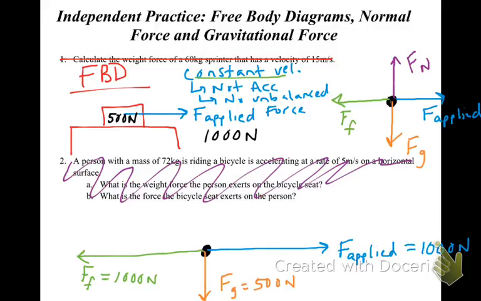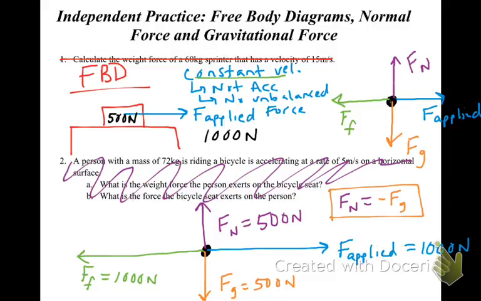And again, because we're on a horizontal surface, we have our normal force opposing this, equal and opposite. So we can generalize and state that our normal force is equal to our negative force of gravity, equal and opposite.